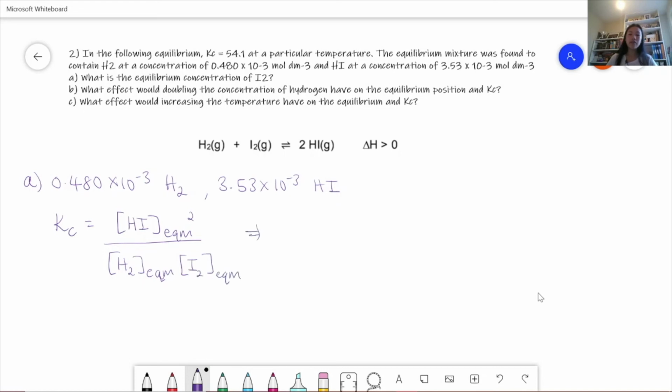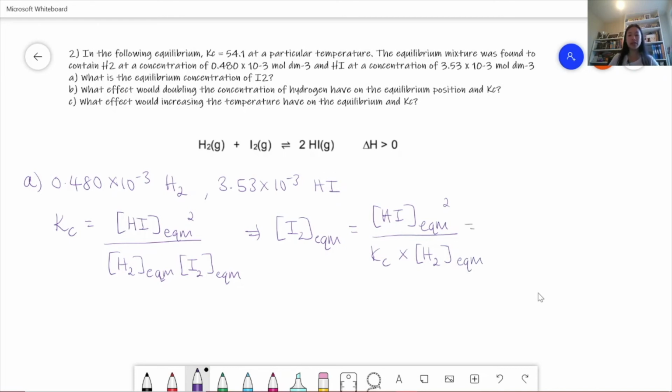And so if we rearrange this formula, then we can find this equilibrium concentration of the iodine. The equilibrium concentration of iodine is equal to the concentration of hydrogen iodide squared at equilibrium divided by Kc times the concentration of hydrogen at equilibrium.